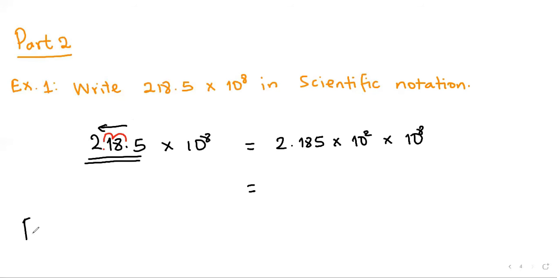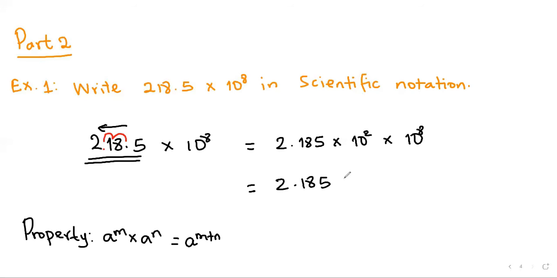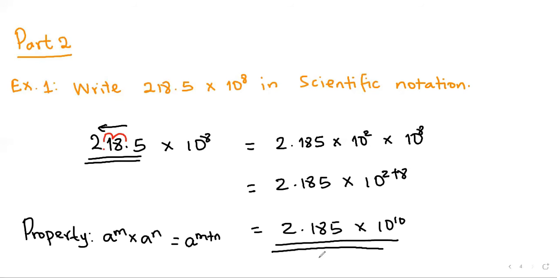Remember property 1 of exponents is that if we have a to the power of m times a to the power of n equals a to the power of m plus n. So it means that we are going to have 2.185 times 10 to the power of 2 plus 8. And then we get 2.185 times 10 to the power of 10. So this becomes our answer. I hope that is okay.